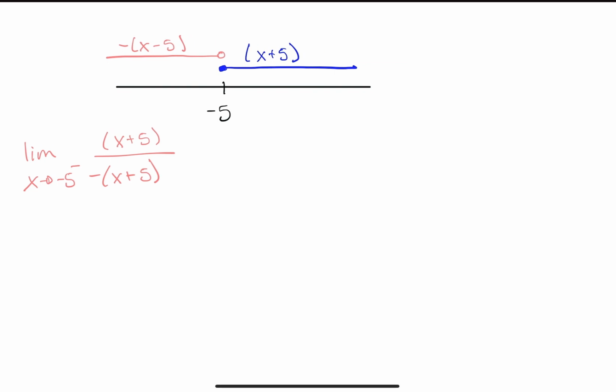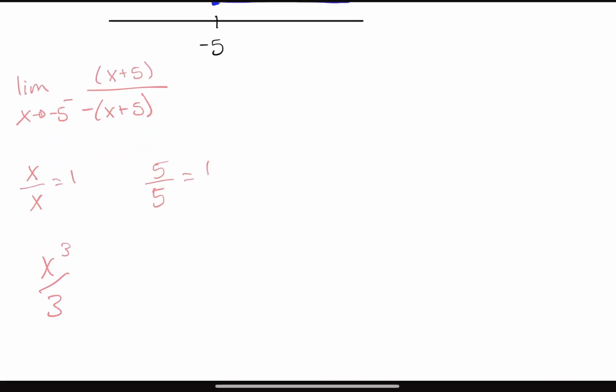So we're working with the limit as x approaching -5 from the left, we have x plus 5 over negative x plus 5. So I know if I have x over x, this is equal to 1. If I have 5 over 5, this is equal to 1. If I have x cubed over x cubed, this is also equal to 1.